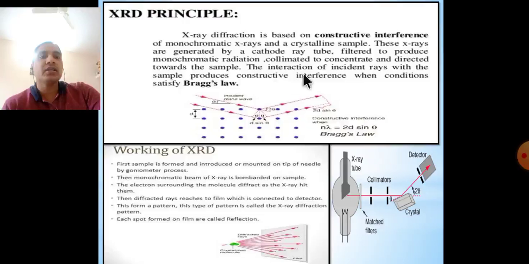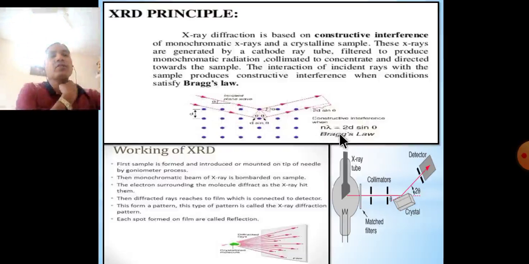The interaction of the incident ray with the sample produces constructive interference when the condition satisfies Bragg's law: n lambda equals 2d sin theta. Bragg's law verifies this XRD principle.